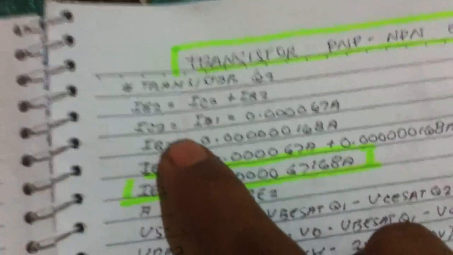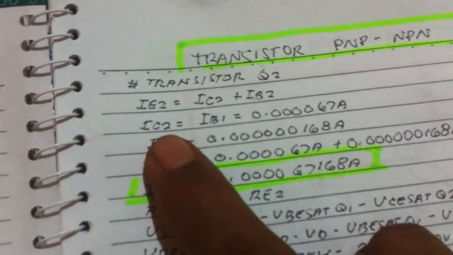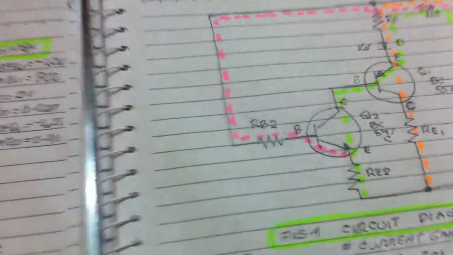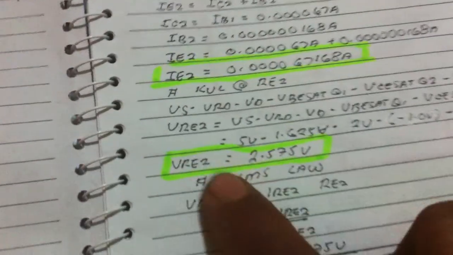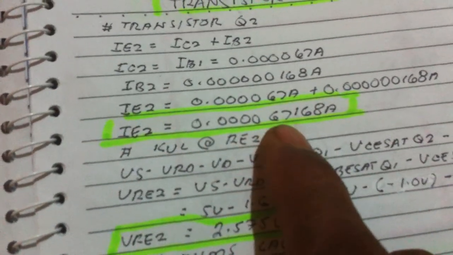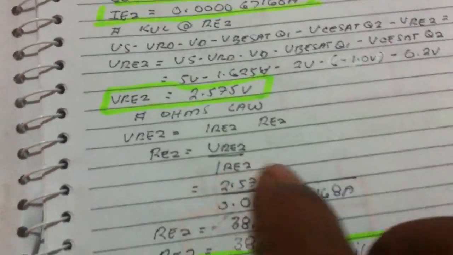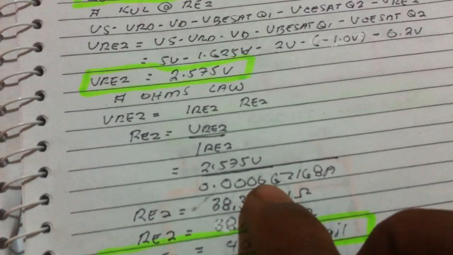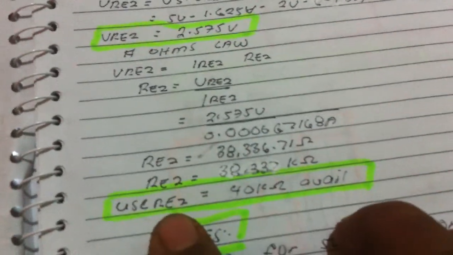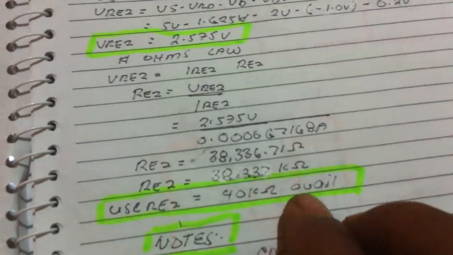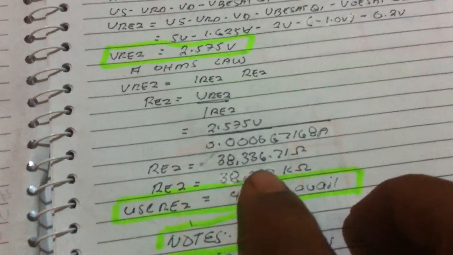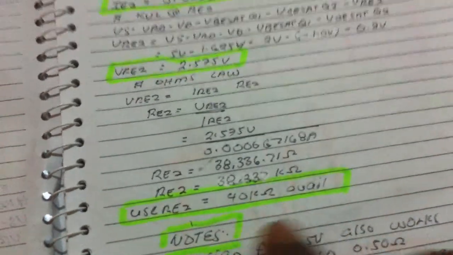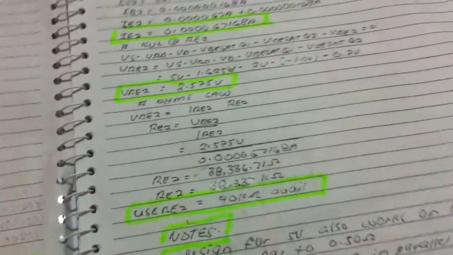Since IB1 is equal to IC2, we now get IE2, a very small current. Using Ohm's law, since we know all the values, by substitution we get 40 kilo ohms, an available resistor. The actual value is 38336.70, but I use 40 kilo ohms.